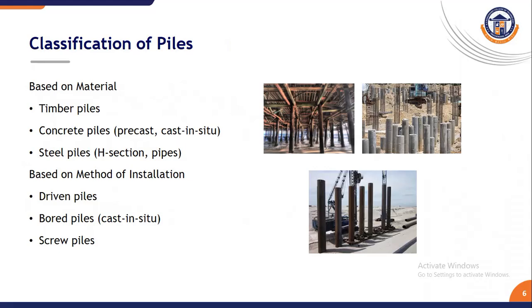Timber pile is cheap compared to concrete pile and steel pile. But the costliest one is steel pile compared to timber pile and concrete pile. But life is high in the concrete pile.